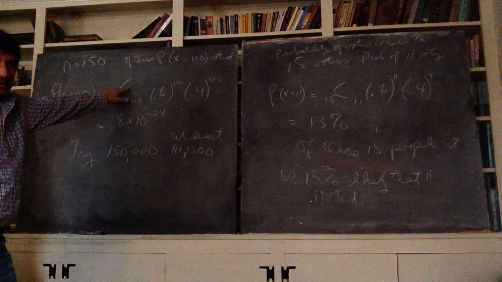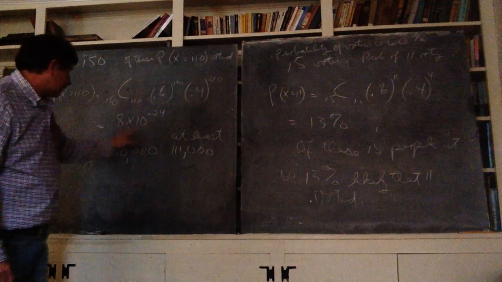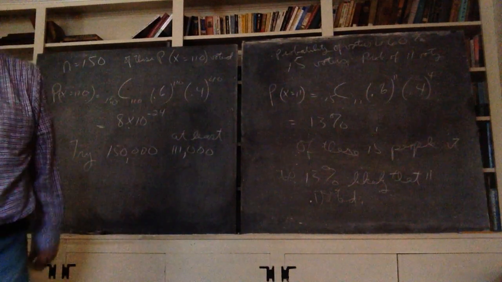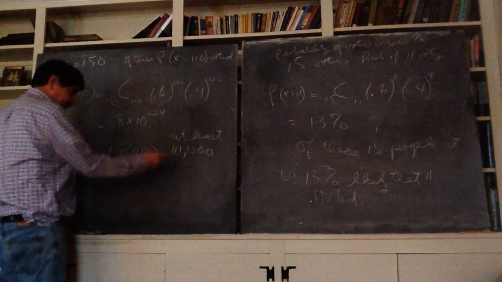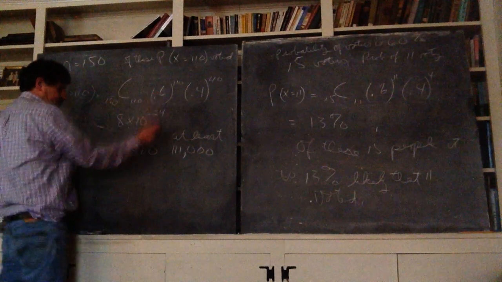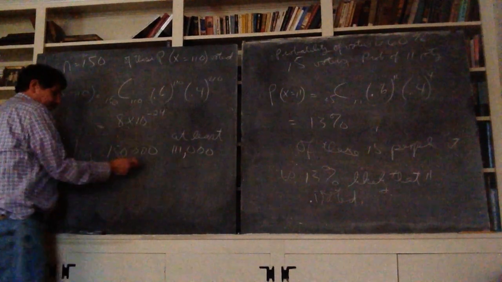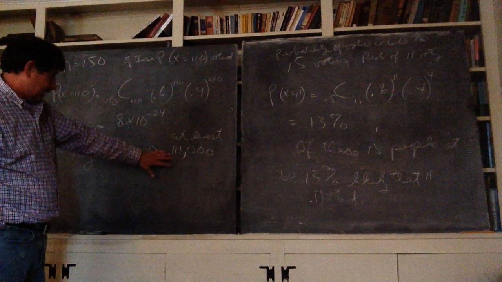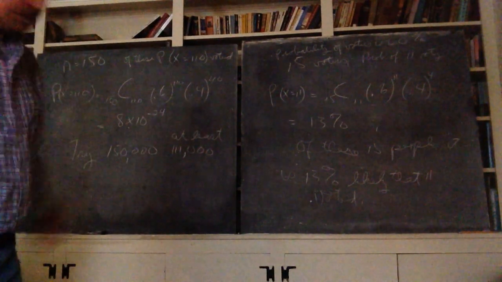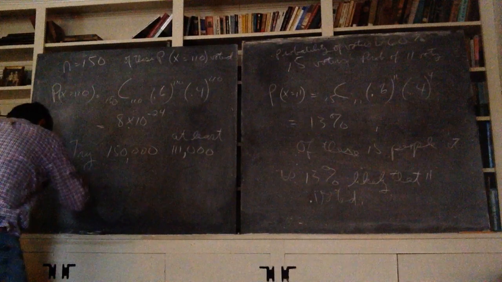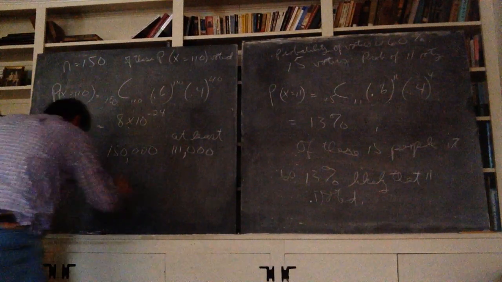If you think about what it is, it's a Pascal's triangle. You have to go to the 150,000th row of Pascal's triangle and then the 110,000th entry there to find out what that was. This, 0.6 raised to the 110,000, is completely off the charts.